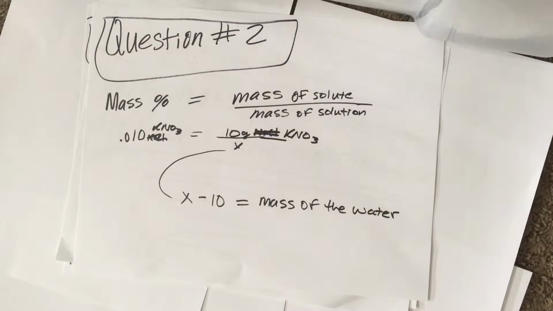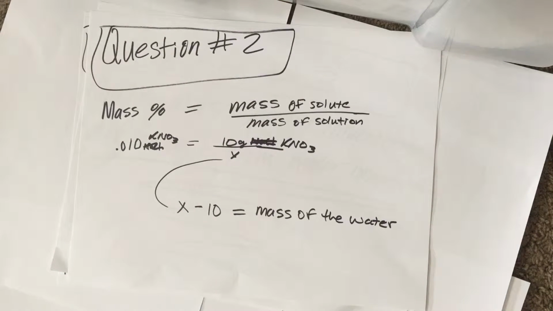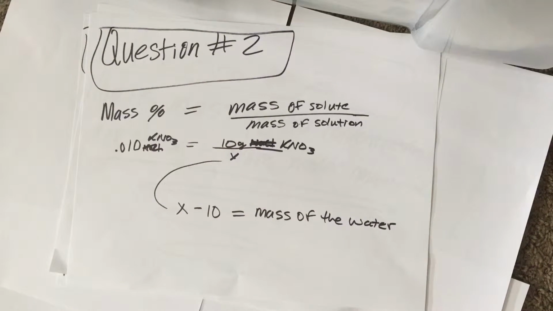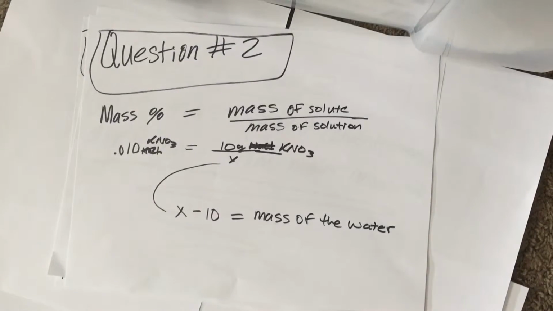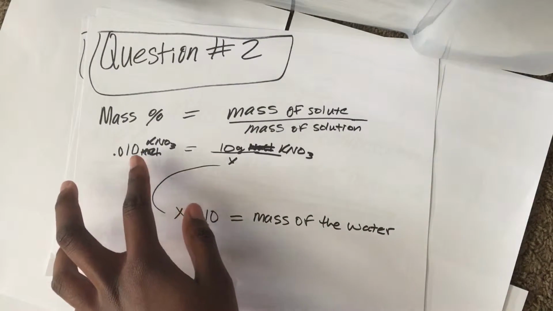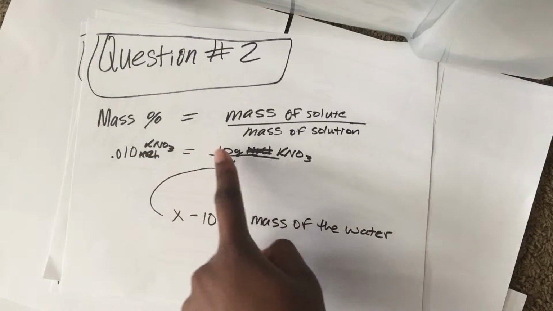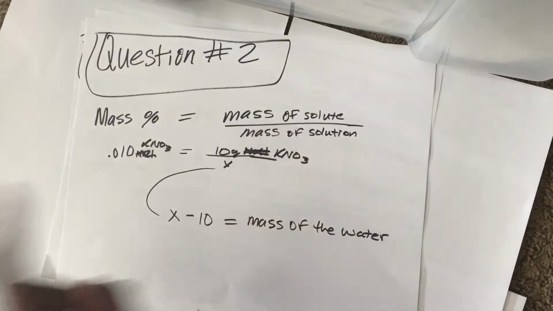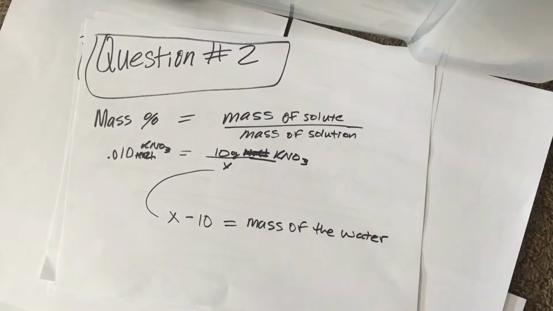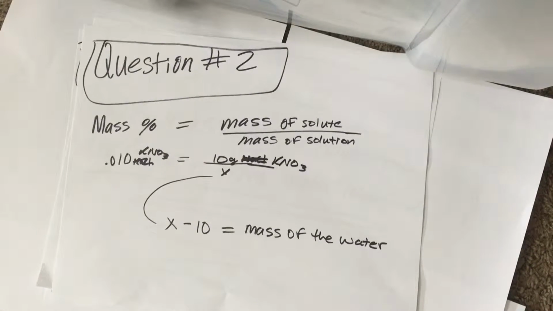Okay, so in this problem, you take the mass percent equals mass of solute over the mass of solution, just like any of the other problems. In this one it was 1%, so I moved it over to get 0.010 for the decimal, and I put equals 10 grams of KNO3, because in the problem they gave us 10 grams of KNO3, not the KNO3 aqueous, but the KNO3.